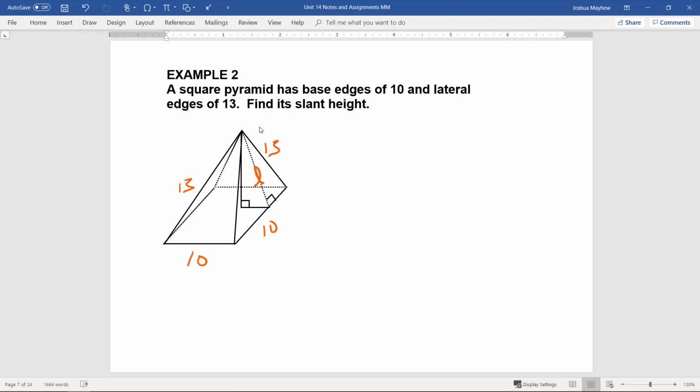One of the things that you probably want to do when possible, when you have a 3-dimensional figure, is take the 2-dimensional part that we need the dimension for, so that we can simplify it. So I'm going to draw a triangle here.